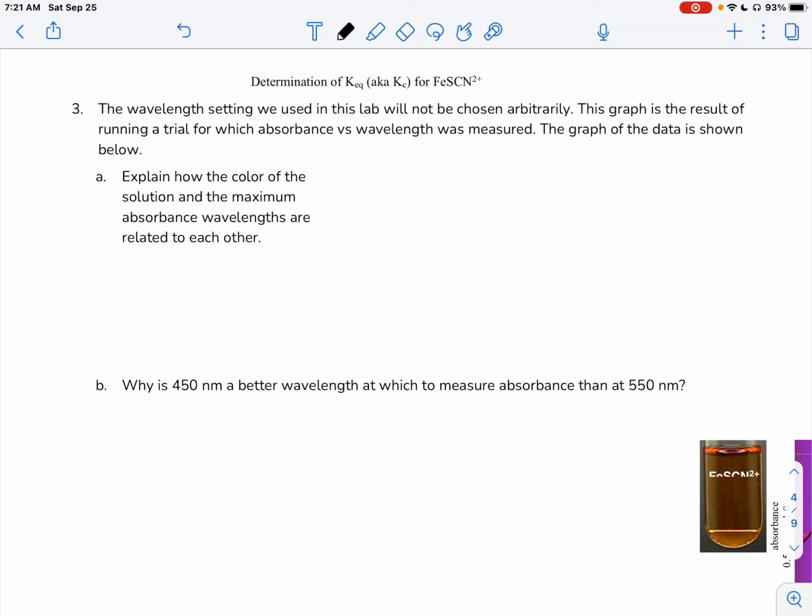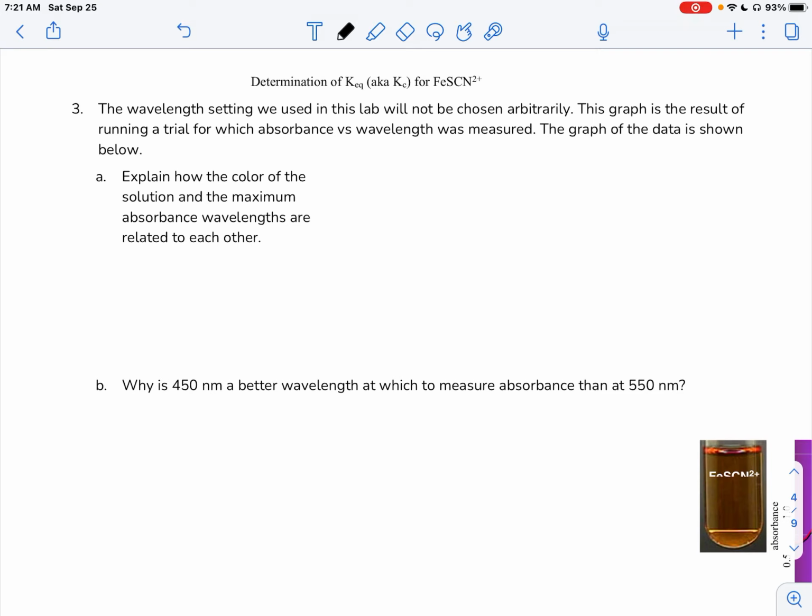If you look at the bottom, that's going to tell us what we should set our wavelength at for the spectrophotometer. Right about that tallest peak is right about 450. And if you look at the color wheel, that's right opposite the orange red that we're expecting our complex ion to be. If our complex ion color is orange red, right across from it is blue. That wavelength is right about 450.